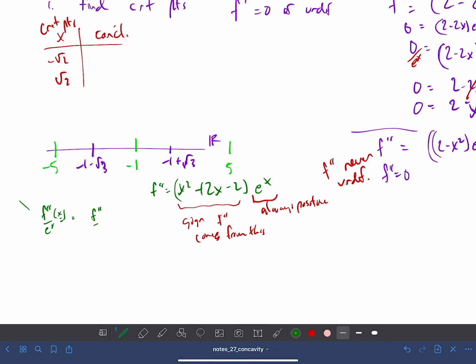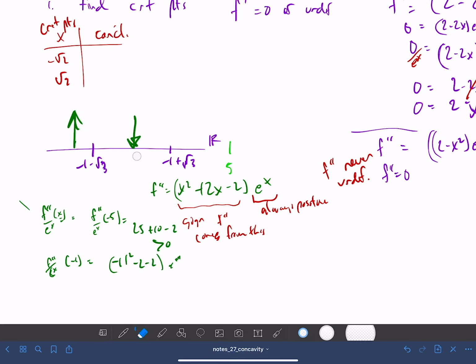And then f double prime over e to the x of minus 5 is equal to 25 plus 10 minus 2. That's bigger than 0. Concave up. F double prime over e to the x of negative 1 is equal to minus 1 squared minus 2. Ooh, that's negative. Concave down.